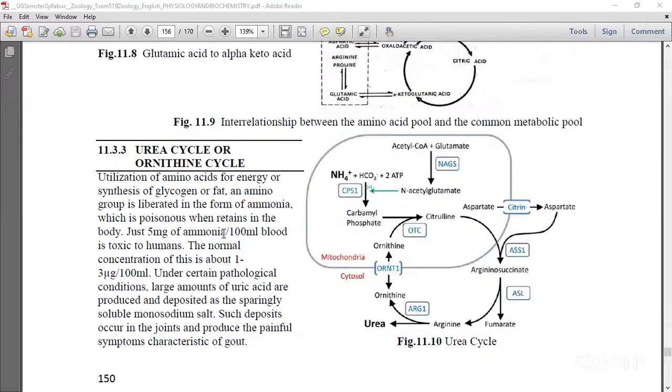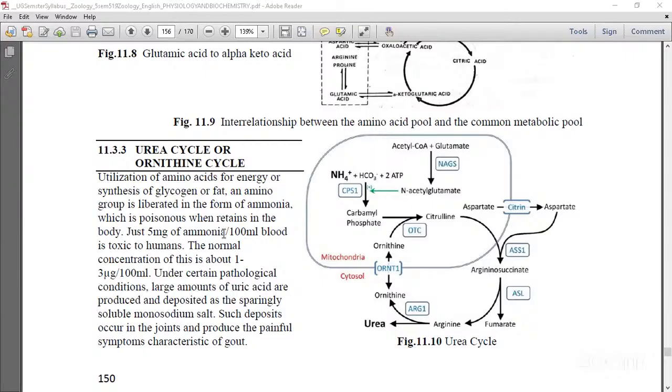If 5 mg is present in 100 ml of blood, it becomes like a poison which is retained in the body. The normal concentration is about 1 to 3 micrograms in 100 ml, which is excreted through the kidneys as urine.